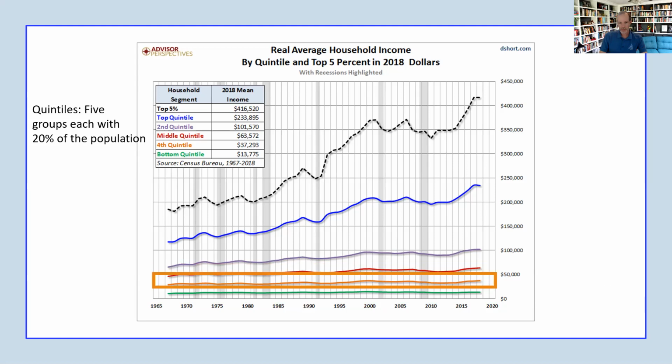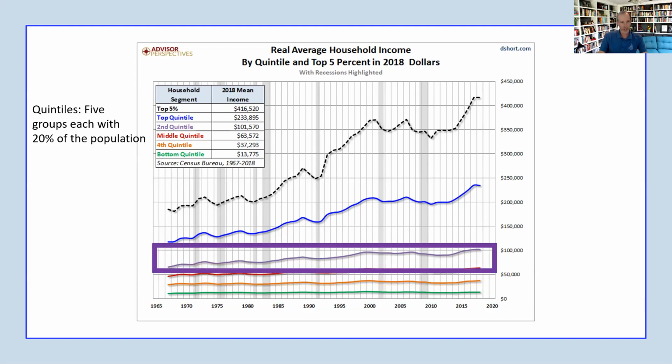Oops, going the wrong way. This next quintile here, 20%, actually goes up a little bit over time, right? So in the beginning of the chart, we're looking at maybe $60,000, and now it's at $100,000. But we're working our way up the income ladder here.